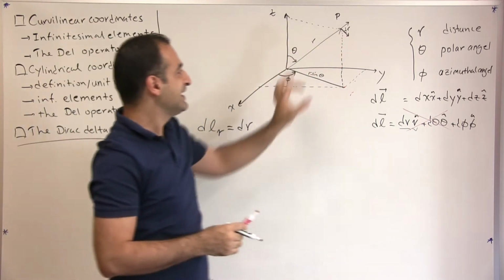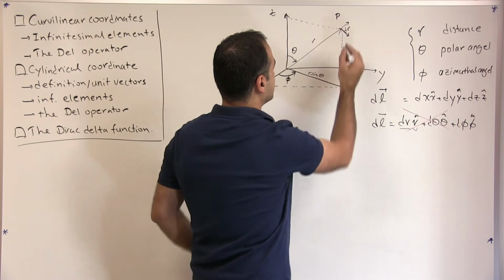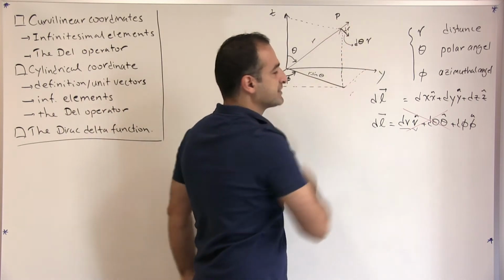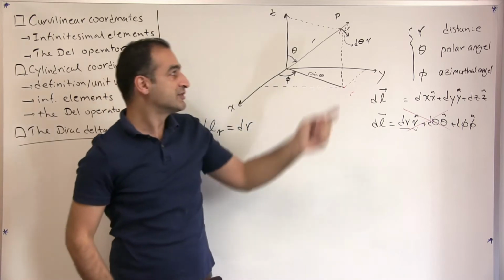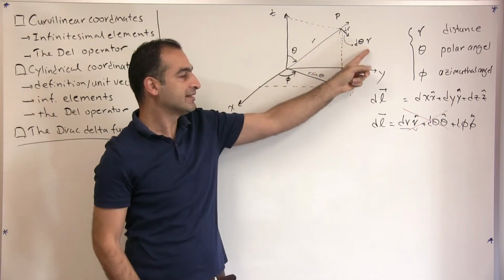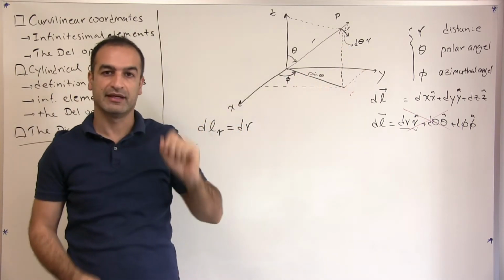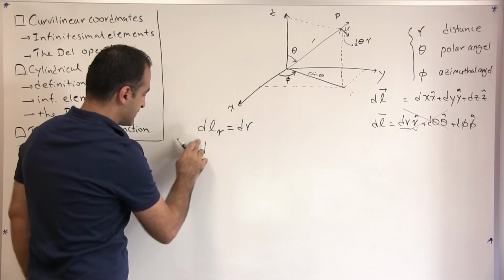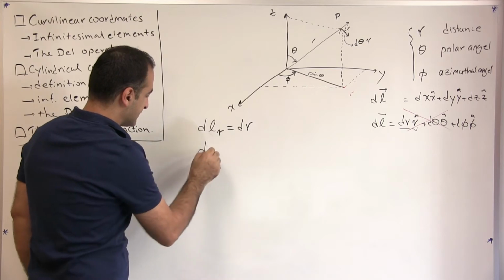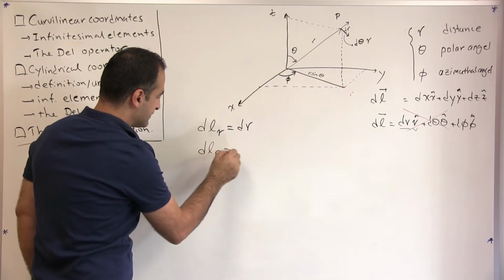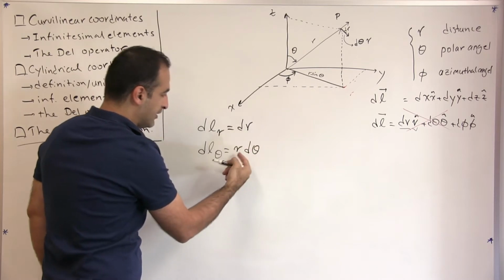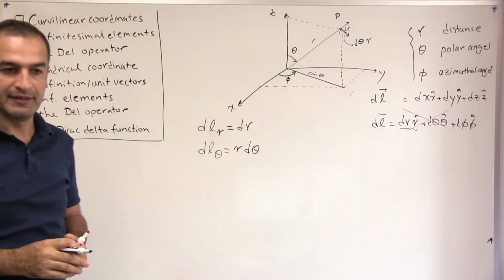So the length here is going to be d theta times the radius. So any small infinitesimal displacement in only the theta direction can be written as r times d theta.